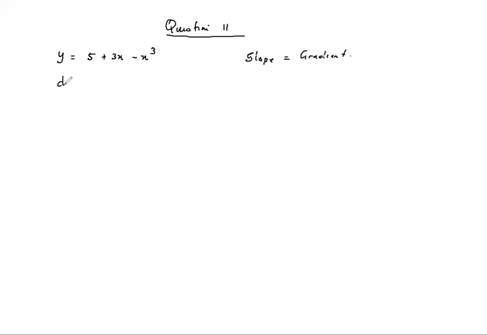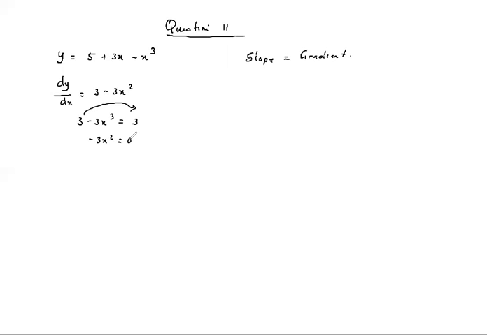So you just get dy dx, which is 3 minus 3x squared. Now you have been told that the gradient there is 3. So you equate your derivative to 3. Okay, so take this other side, you remain with negative 3x squared is equal to 0.